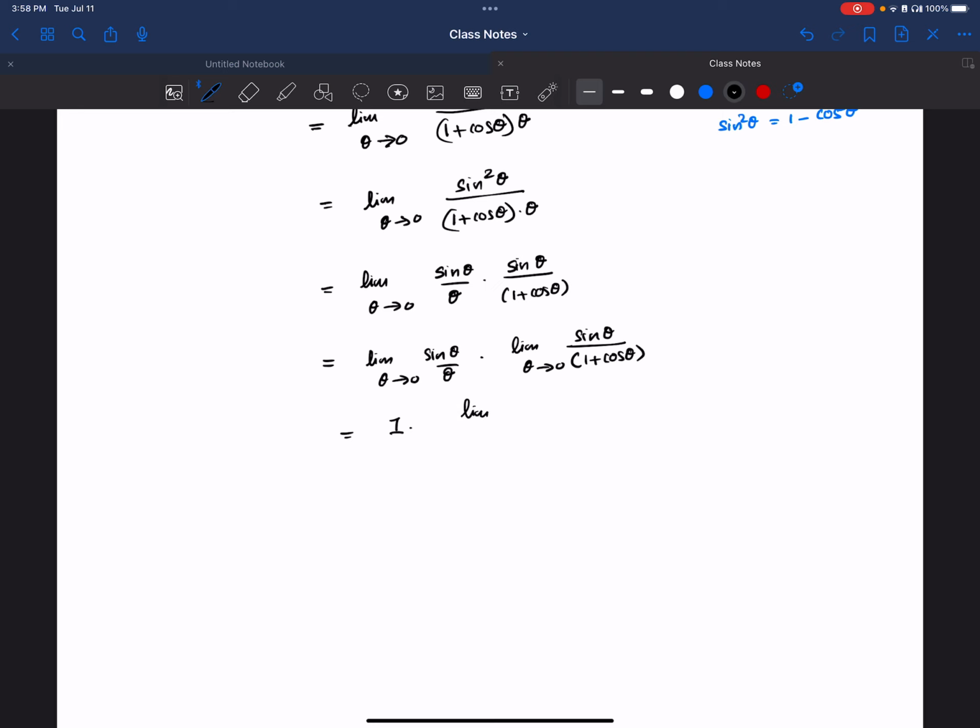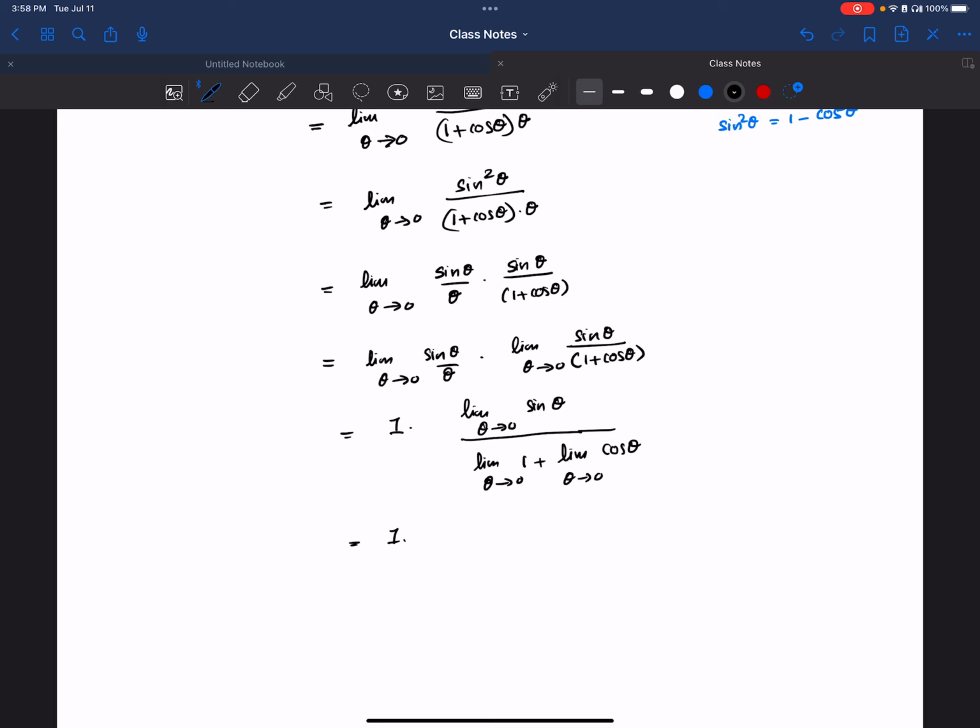Limit as theta goes to 0 of sine theta divided by limit as theta goes to 0 of 1 plus, that's the summation law, limit as theta goes to 0 of cosine theta, right? So this is 1, that is 0, right?